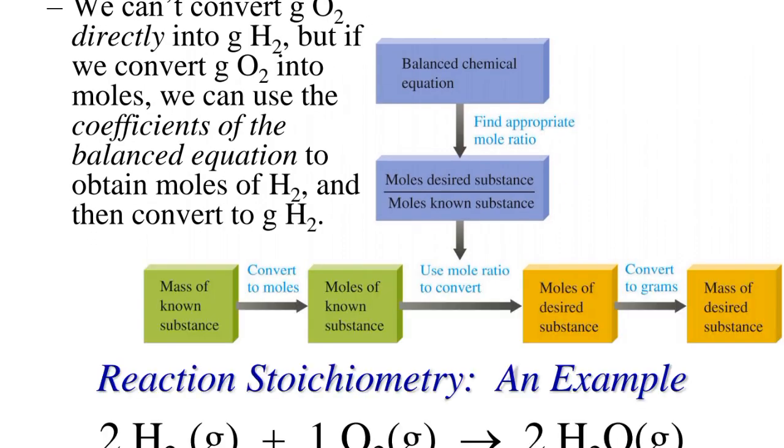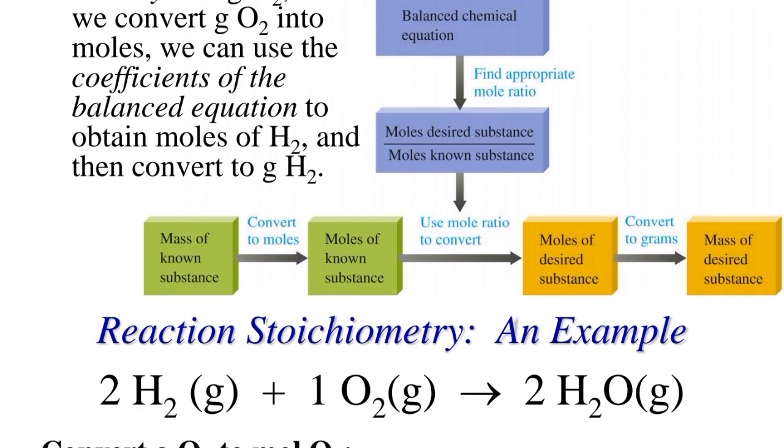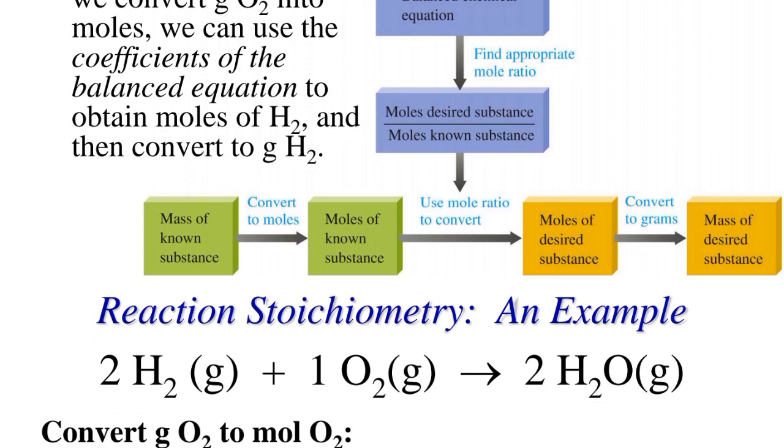So at the end, moles of desired substance divided by moles of known substance. From that you will make comparisons between the two species, and after that you will get the number of moles of desired substance.